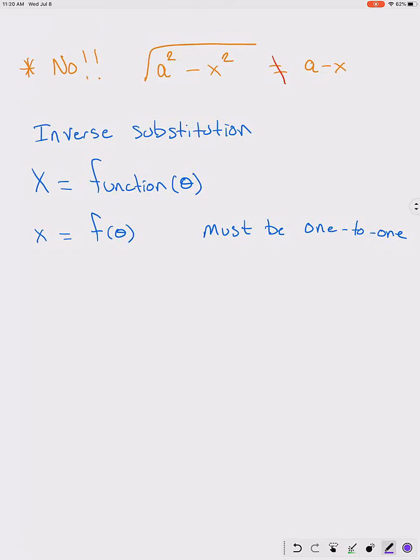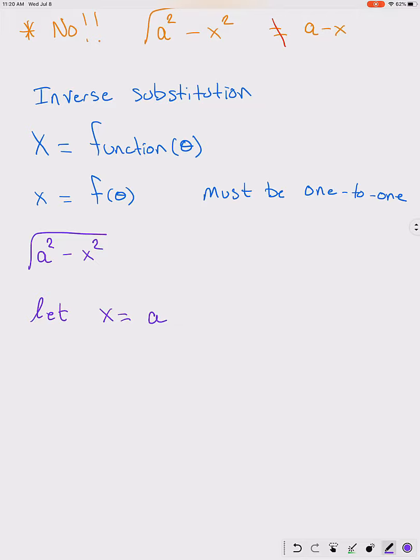I'm going to use the situation where I have the constant first minus the variable underneath the square root. So I'm going to make this substitution of x being equal to a constant times the sine of theta.